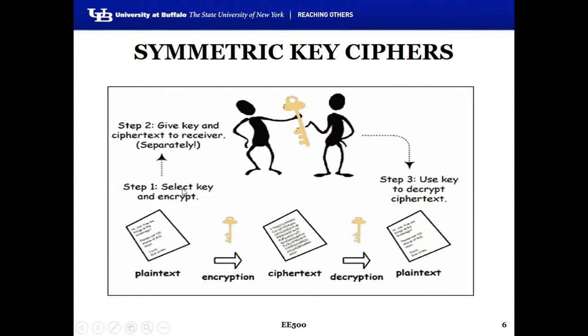Then the sender will use the key for encrypting the data. Once they encrypt the data, they pass the ciphertext over the channel, and then the receiver receives the ciphertext and uses the key which was given by the sender to decrypt the ciphertext and get the information.